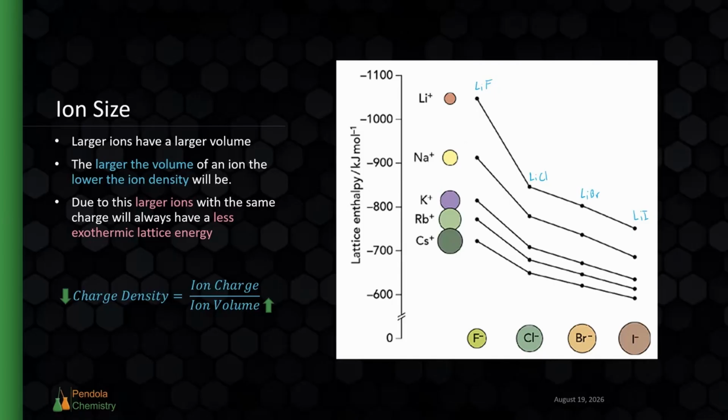If we go down to the bottom line, this is the line for cesium. So this first one is cesium fluoride. The second one is cesium chloride. This one's cesium bromide, and this one's cesium iodide.